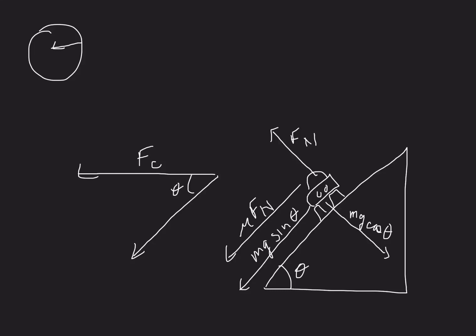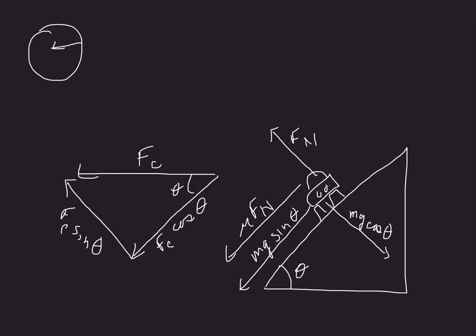And then there's a force going up this way, perpendicular to the inclined plane. So this one over here would be Fc cosine of theta, and this one over here would be Fc sine of theta.